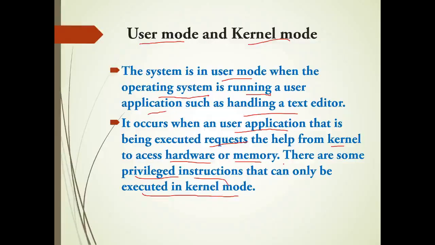In user mode, whichever applications are executed by the user, if those applications need to access the hardware or memory, at that time the request will be sent to the kernel and the kernel is going to provide the required hardware or memory to the user applications.